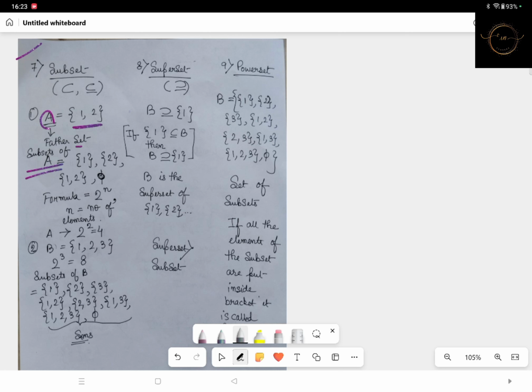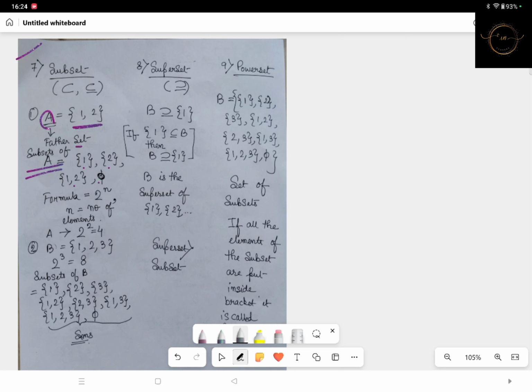So what will be the subsets in this case? 1 and 2 separately have come out. Then 1, 2, only one combination is present over here because there are only 2 elements. And phi, as I said, the null set is a subset of every set, so phi also has to be written. So in total, how many subsets have we got? 4 subsets we have got.